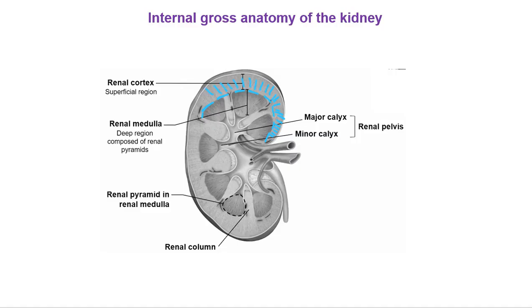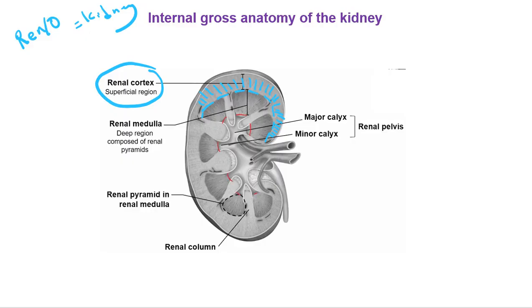This part is called the renal cortex. The term renal means kidney. For example, we have renal artery, renal vein, renal cortex. Then the inner or deep region, which is here, is called the renal medulla.